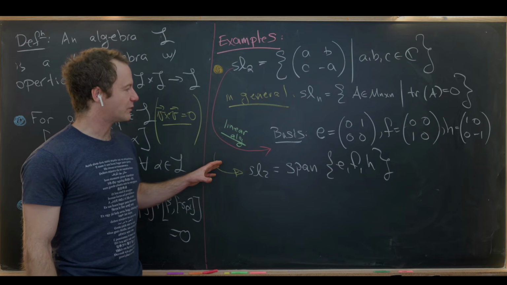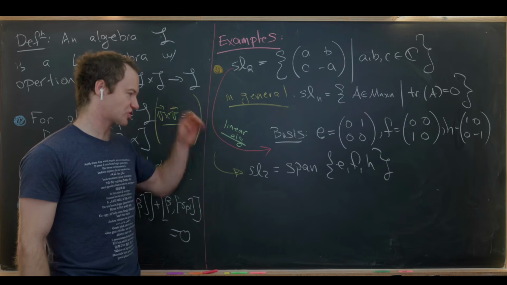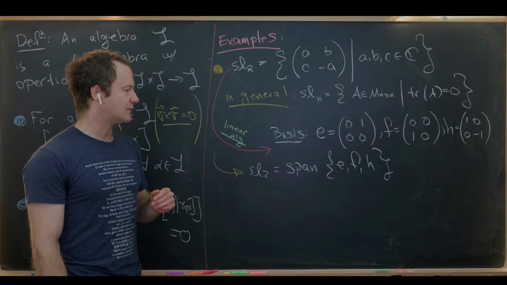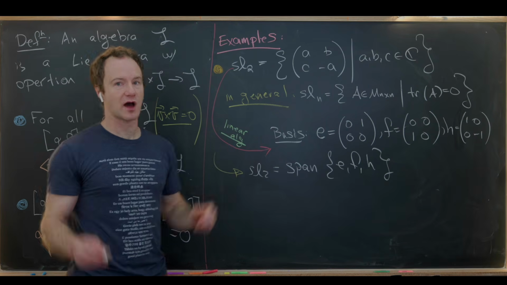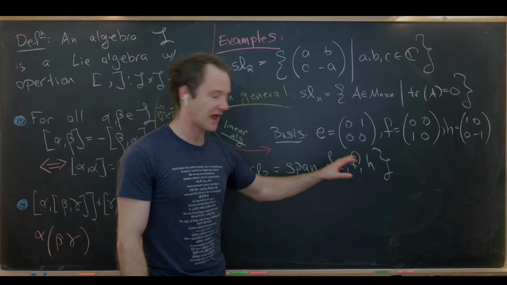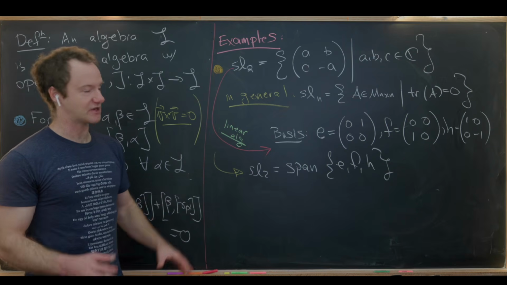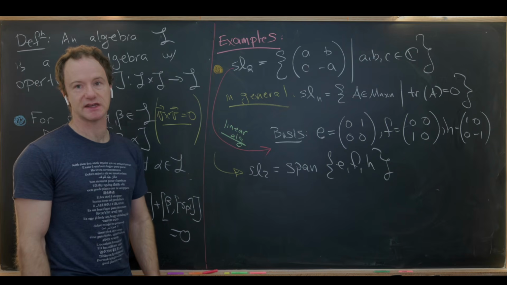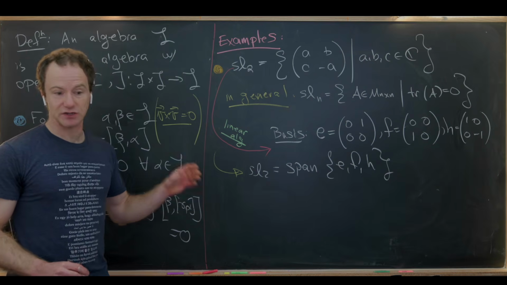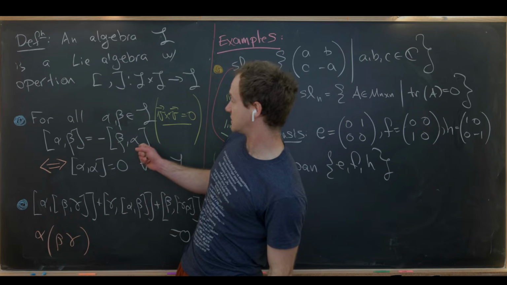So maybe what we'd really like to do to see the structure of this SL2 would be to see what it looks like if we take products of E with F, E with H, and so on and so forth. That should give us an idea for how this thing behaves. So let's do a couple of these. Notice there aren't that many to do because we have skew symmetry.